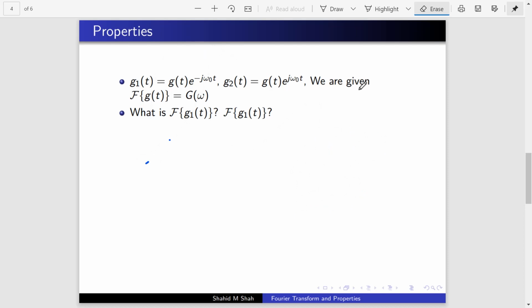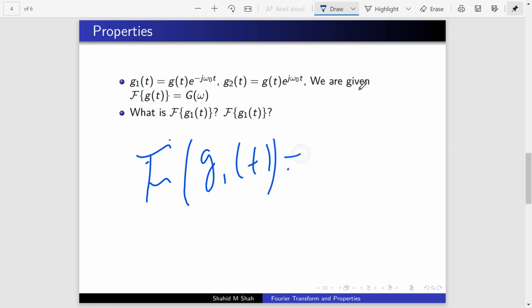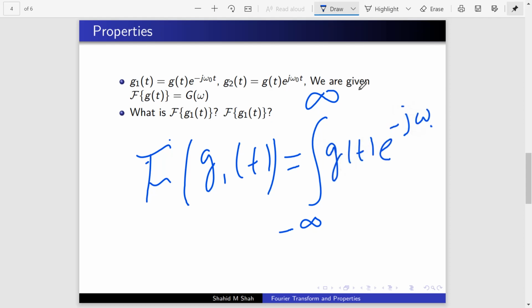Suppose you have the Fourier transform of this g1 of t. Okay, what will it be? According to the definition, integral minus infinity to infinity g of t, then it is e to the power minus j omega naught t, then there is e to the power minus j omega t, right, by definition.